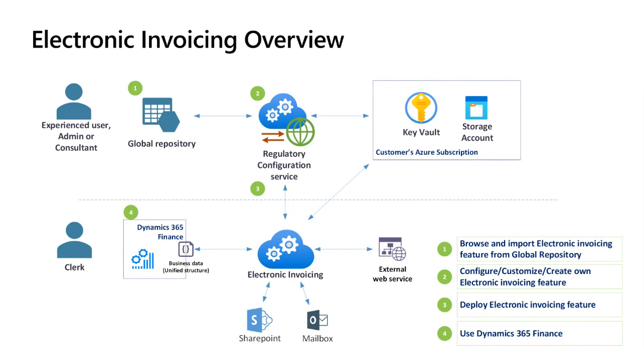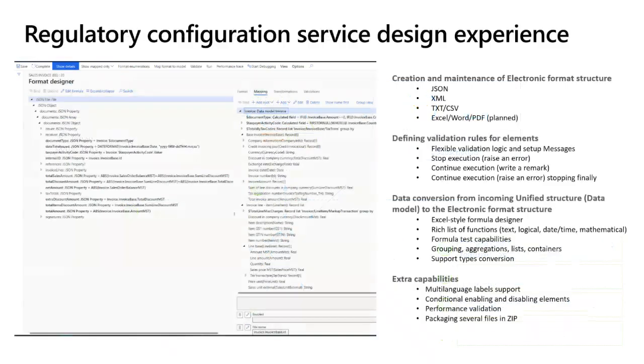And as already mentioned, electronic invoicing can integrate with SharePoint, Mailbox, and external web services, but it is not limited, because we are working on extending these integration capabilities with other channels and many more external web services. In the next slide, we will start looking into some details.